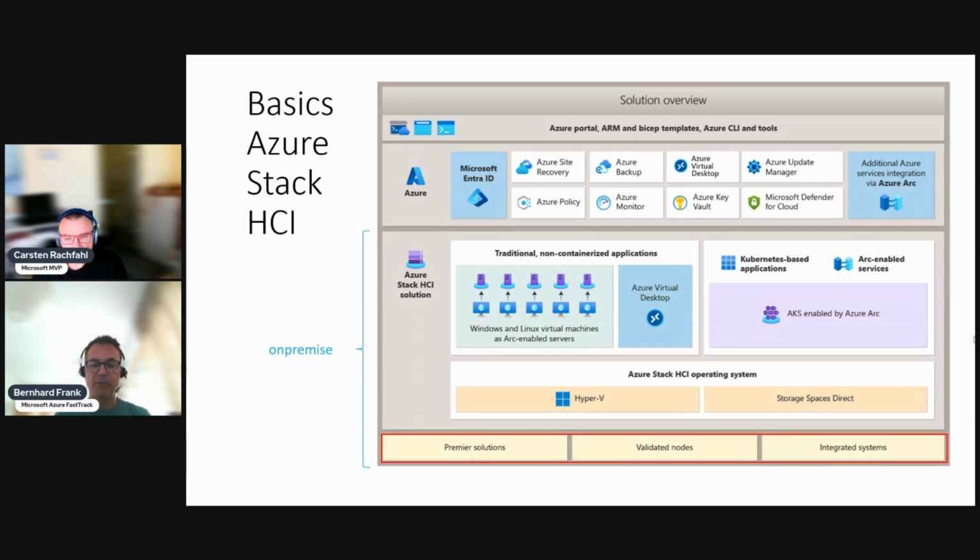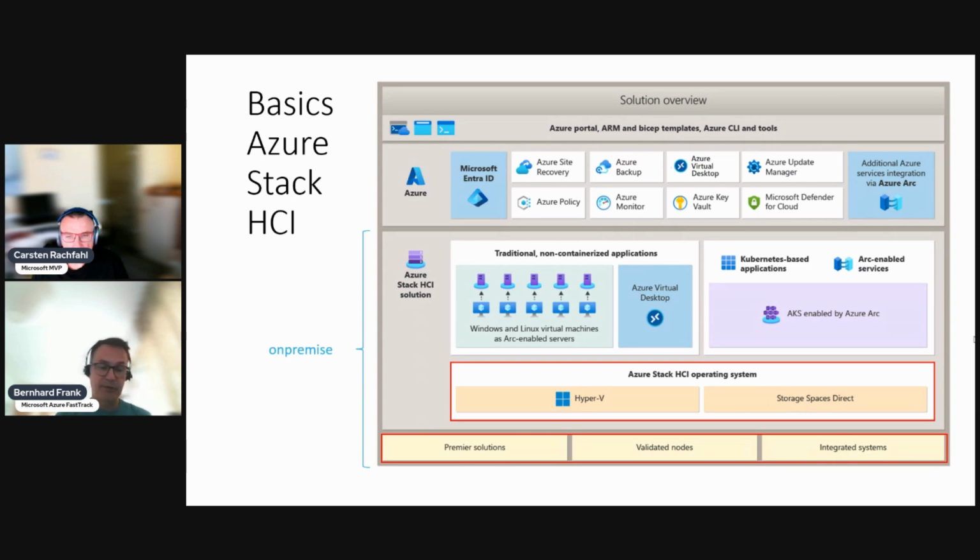There is the validated hardware that we have. On top of it, we install the operating system, the Azure Stack HCI operating system, which you download from the Azure portal, and you put it on your nodes, and then you marry your nodes together with Azure.